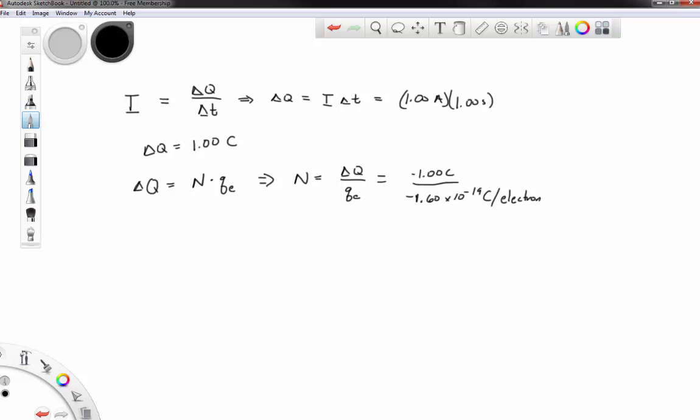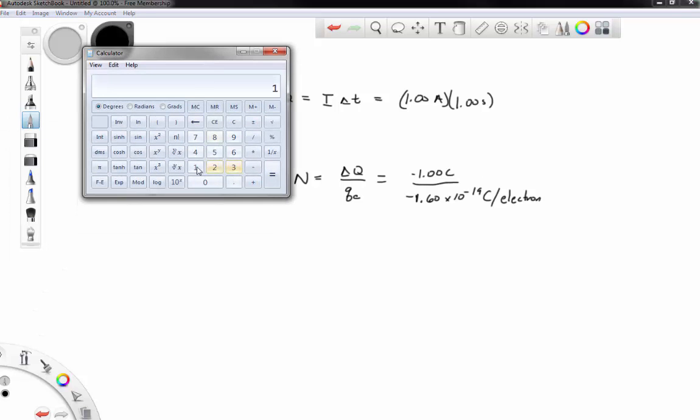So what we do is we take our calculator out and we take this number, 1.60, and we divide 1 by it. So 1 over x does that for us. So that's 0.625. And this 10 to the minus 19 just becomes a 10 to the plus 19.